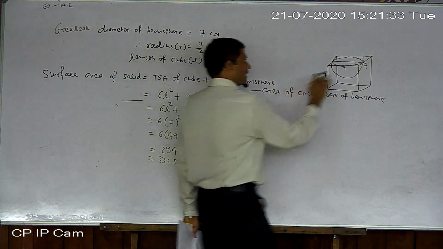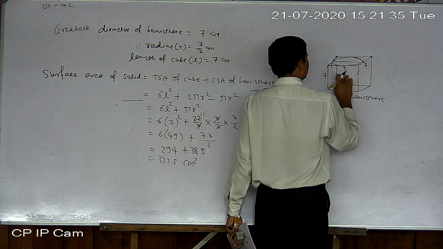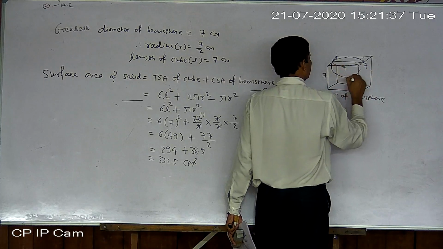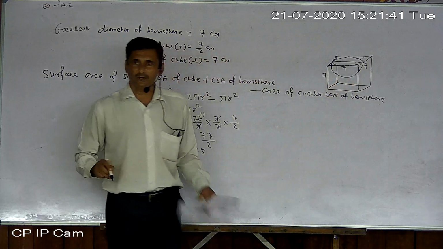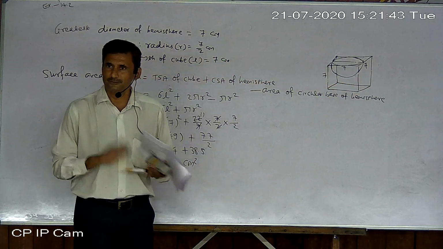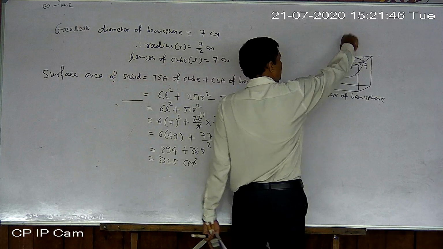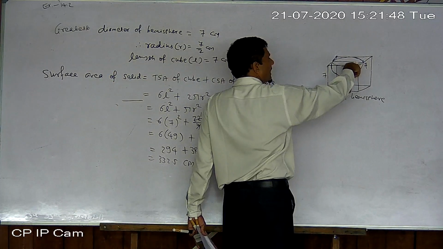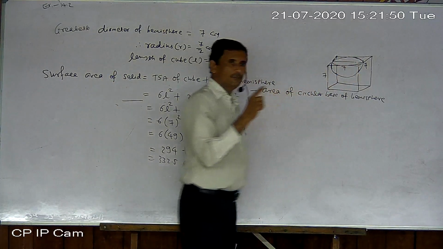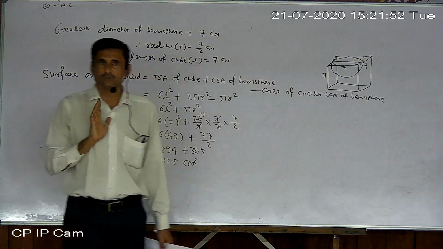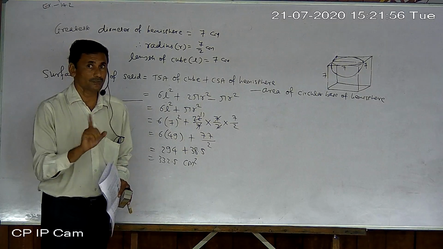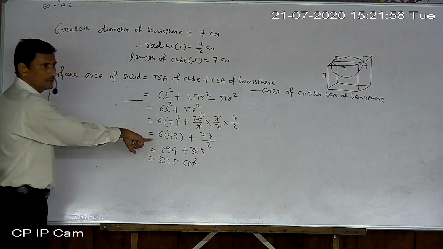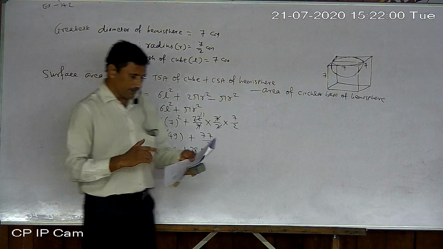Okay, so let's try to imagine it. But the area remains the same. Why? Because if you observe from here, that 2 pi r square is visible here. So it remains the same. The question is slightly different, but the solution and formula are not different. Why? Because that part is removed.